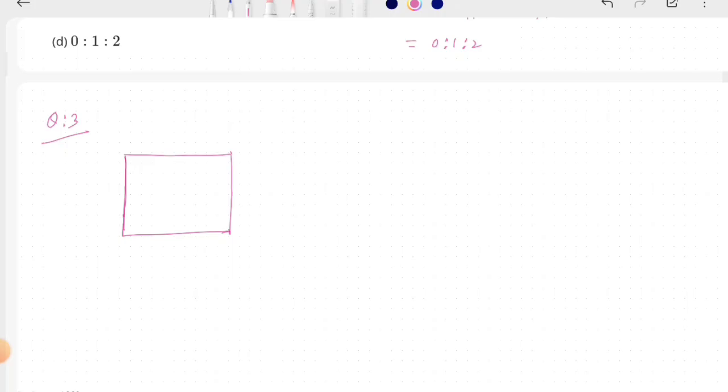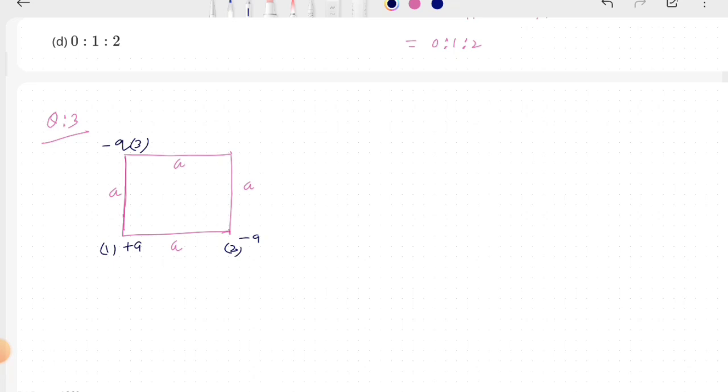This is a square, each side has length A. Three charges are situated at the corners of a square of side A. Corner 1 has plus Q, corner 2 has minus Q, corner 3 has minus Q. These three charges are situated at the corners of the square.